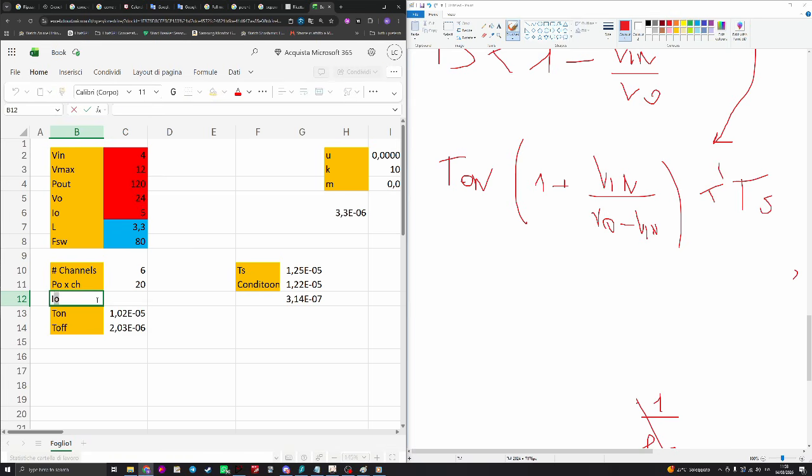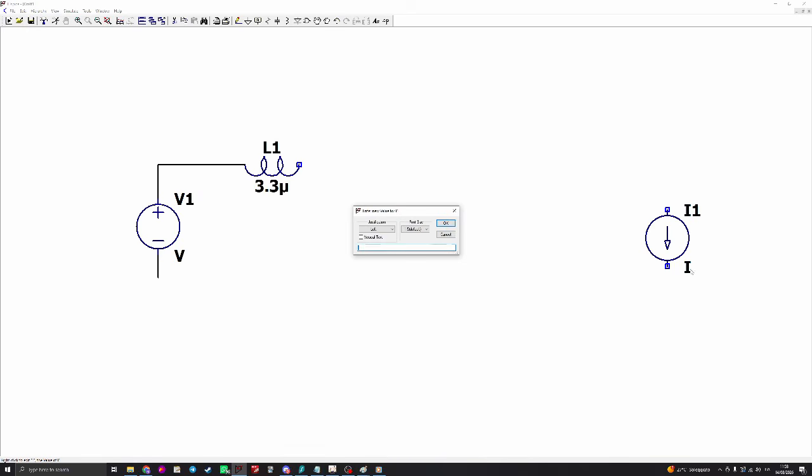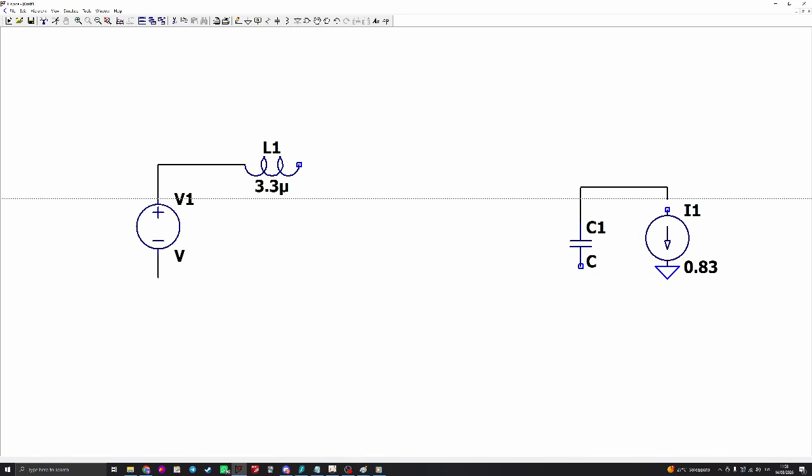Just write it here. The output current per channel is equal to, of course, 0.83, just to make it visible. So we will use 0.83. Of course, there is no need to simulate each channel. This one is enough. Just put 100 micro for simplicity.